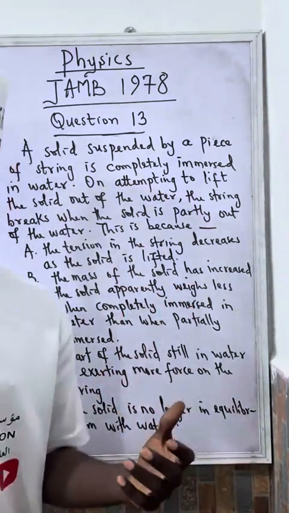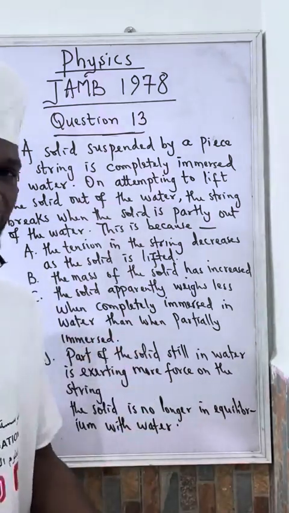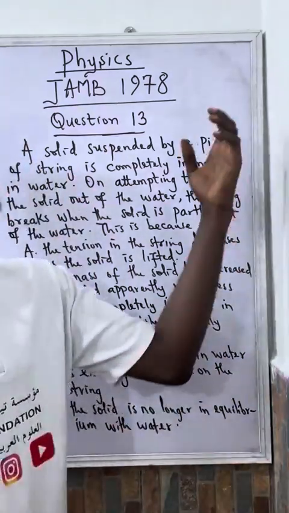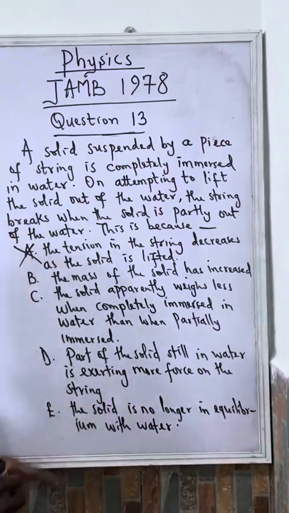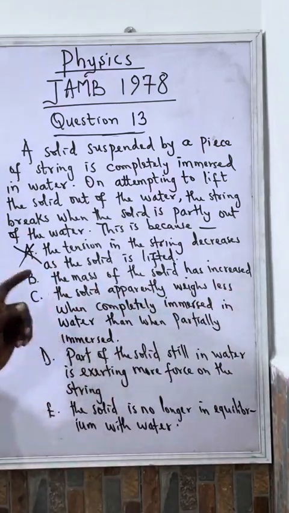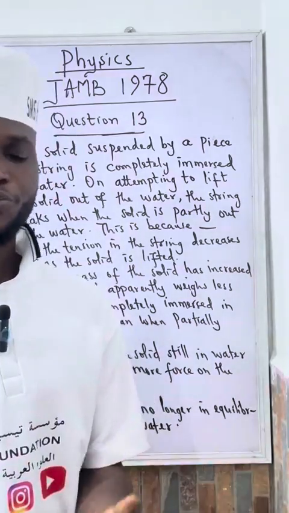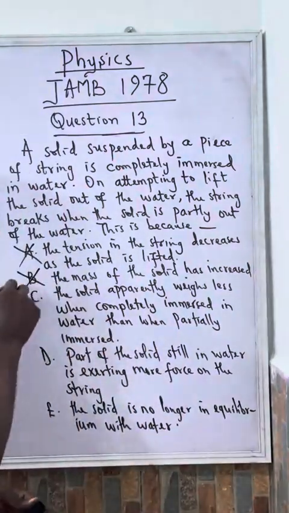Remember what I said: when it is inside water, tension will reduce because it will feel lighter, but when it is outside the water, the tension will become large. So option A is incorrect. Check option B. The mass of the solid has increased. No. Mass will remain constant. The mass of that bucket remains the same. It doesn't change. So B is not correct.